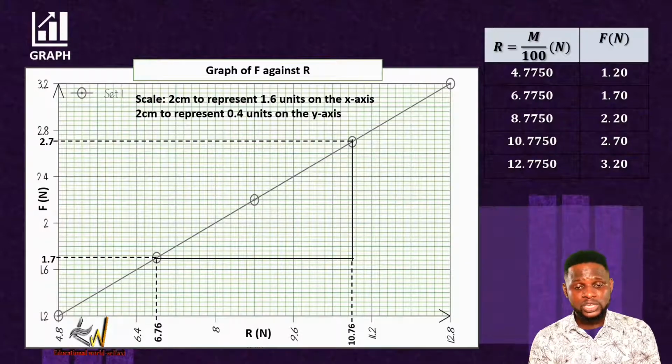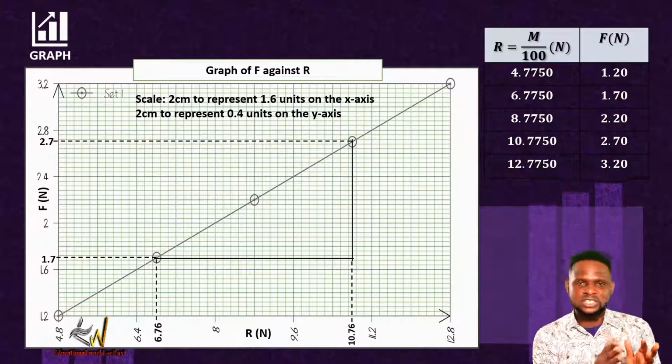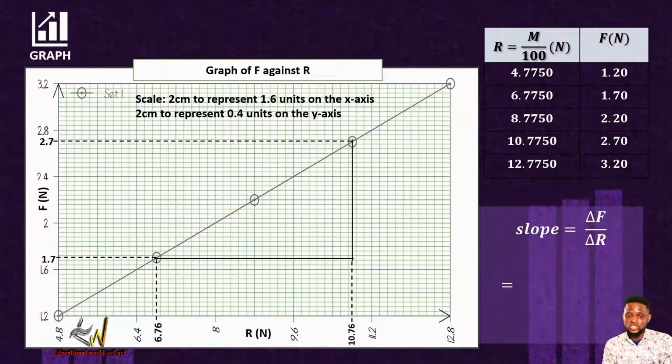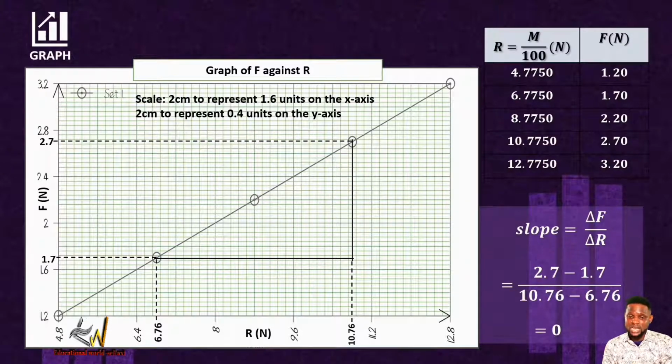The slope here will be change in the vertical axis over change in the horizontal axis, which is change in F over change in the reaction R. With the two values, we have 2.7 minus 1.7 over 10.76 minus 6.76. So the slope is 0.25, which is similar to what we have as our coefficient of friction. The slope here has no unit.